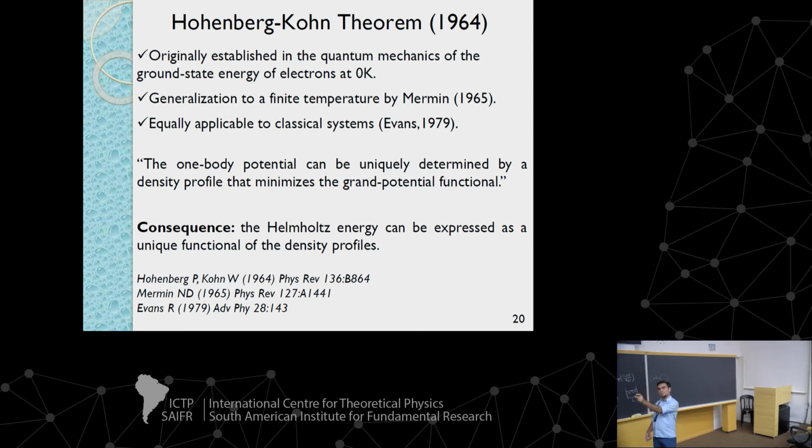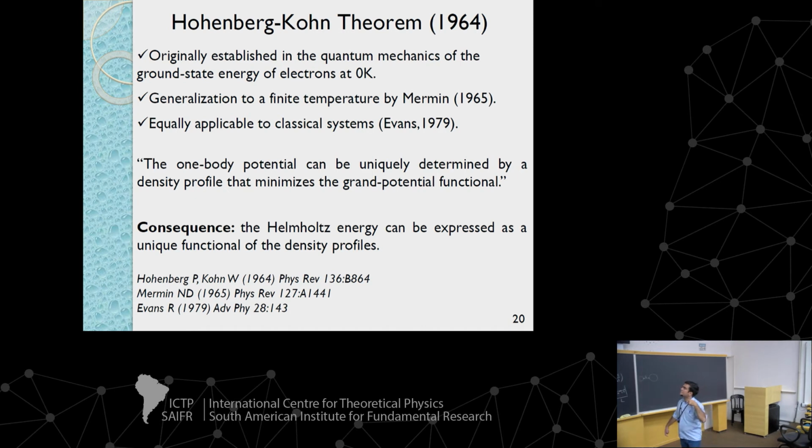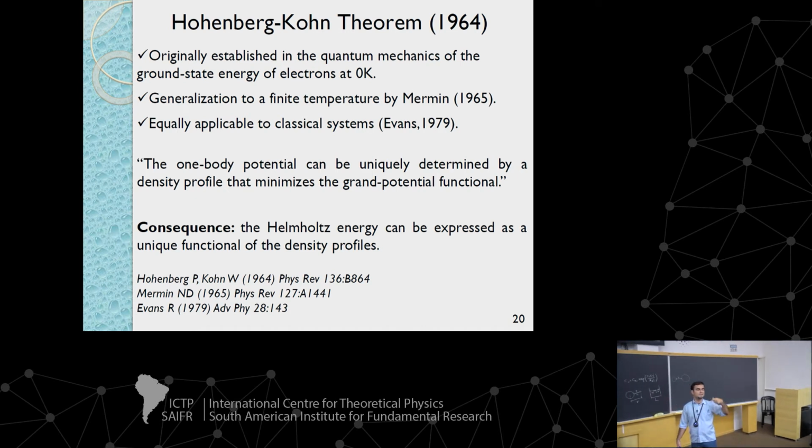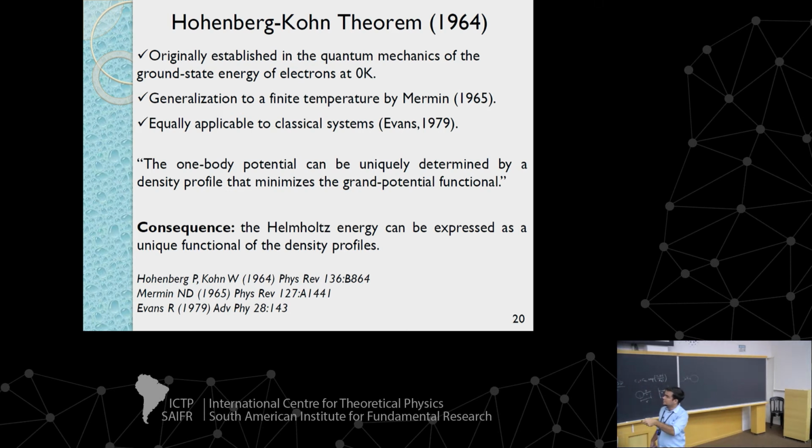So if we know a density profile, we can calculate a Helmholtz energy, and we can try to find the density profile that minimizes this Helmholtz energy, depending on the ensemble, the Helmholtz energy or the grand canonical potential. Okay, so we base our studies on these references here, especially Evans.